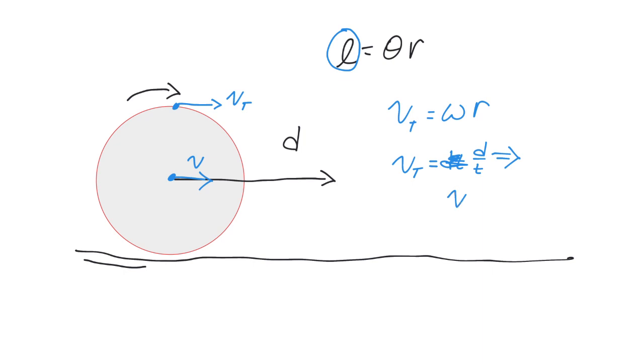So I could rewrite this and say that Vt is theta times r over time. And you should recall from an earlier lecture that Vt is equal to theta divided by time, which is angular speed, times r, which is where we get this.